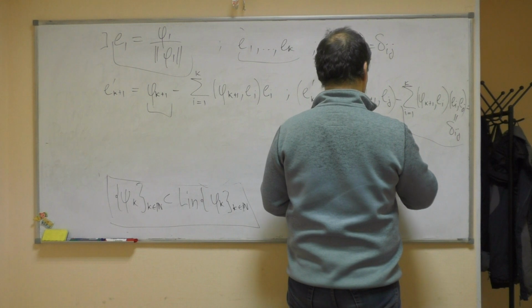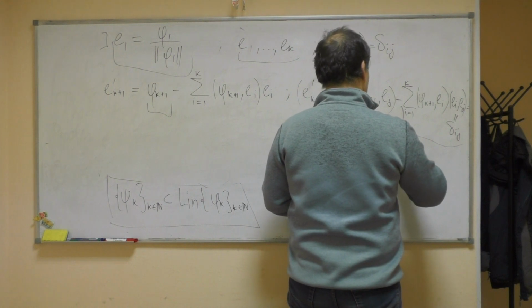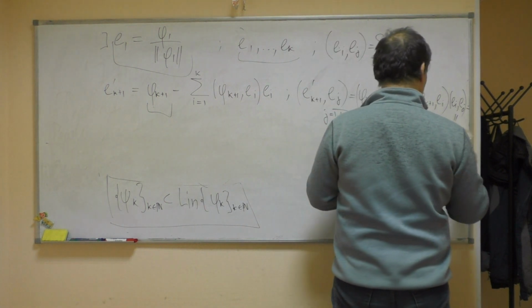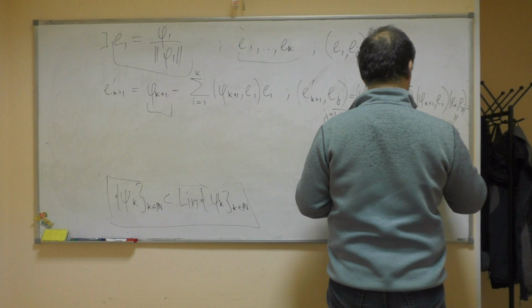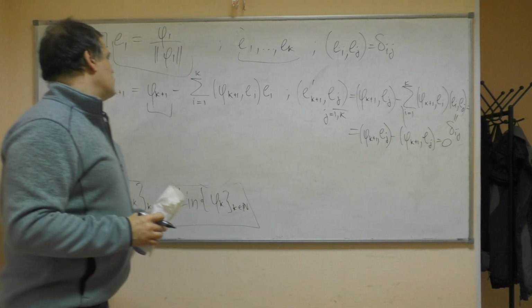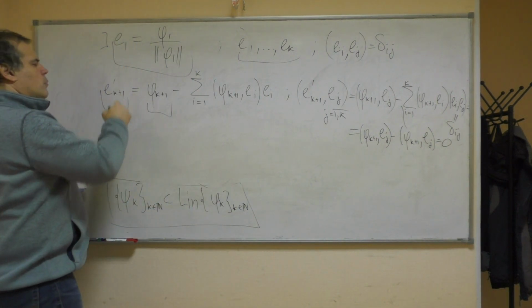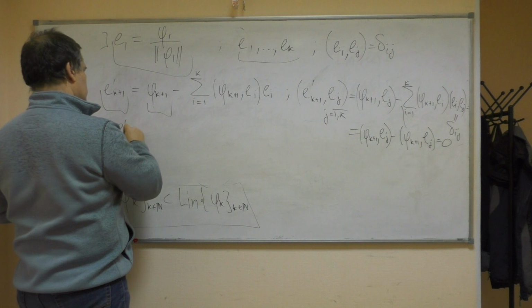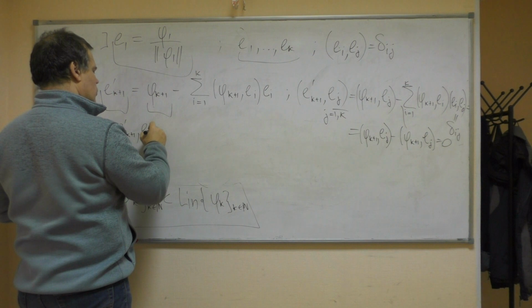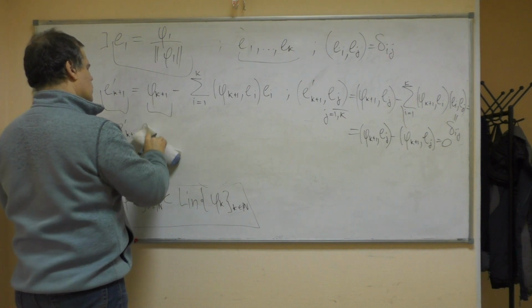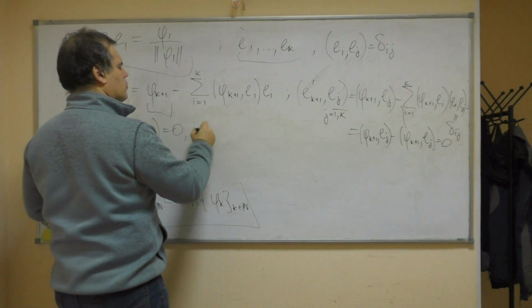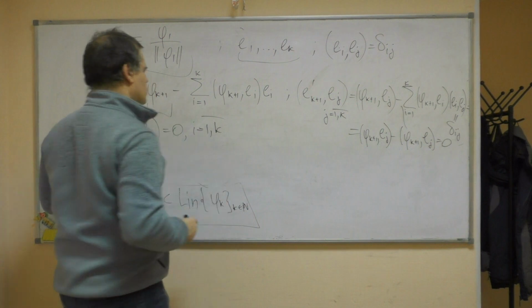So we have (phi k plus 1, ej) minus (phi k plus 1, ej). So it is 0. So this element e'(k+1) is orthogonal to all previous vectors e1 to ek.